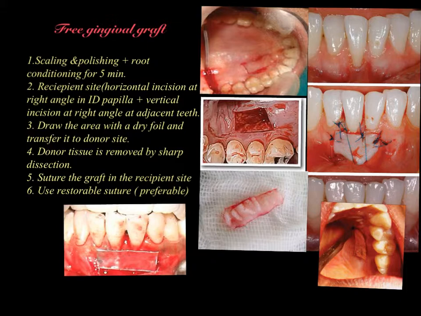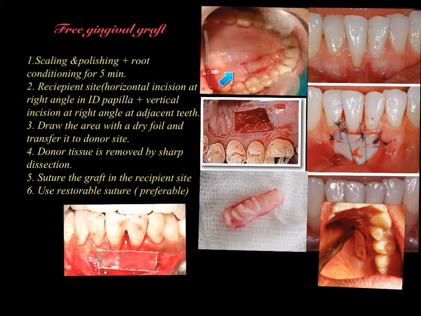Also, it's important to pay attention to local anatomy to avoid the greater and lesser palatine nerves and blood vessels. A scientist reported that this neurovascular bundle on average lies approximately 12 mm from the cemento-enamel junction of the maxillary premolars and molars. So it should be here.